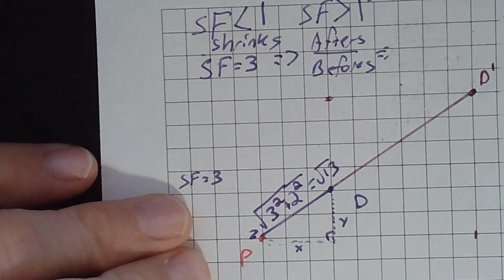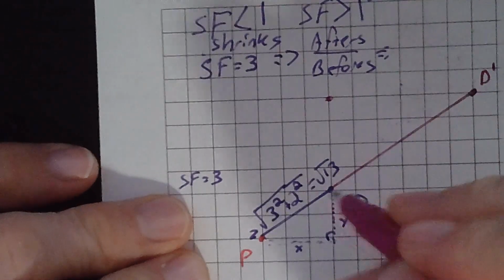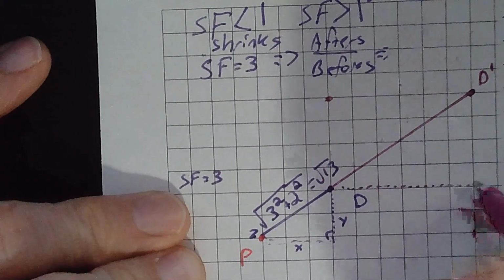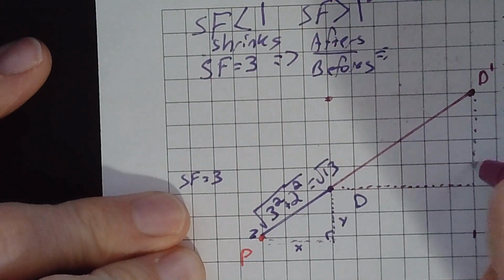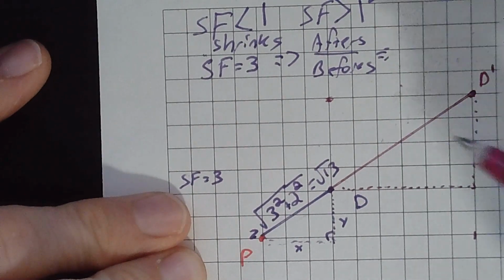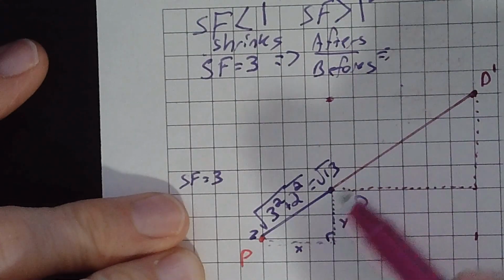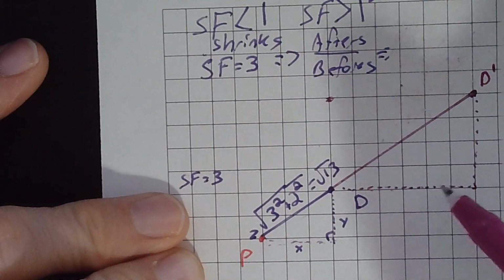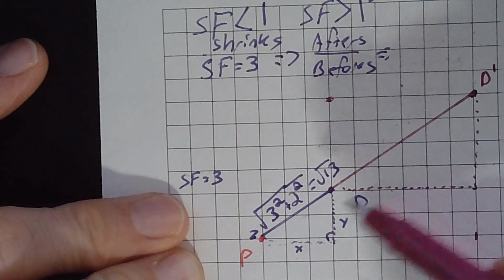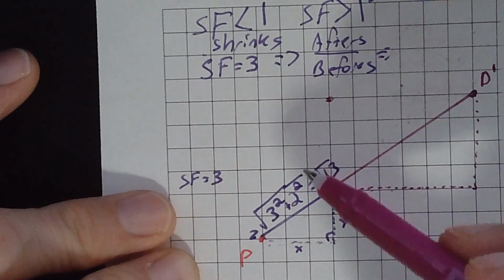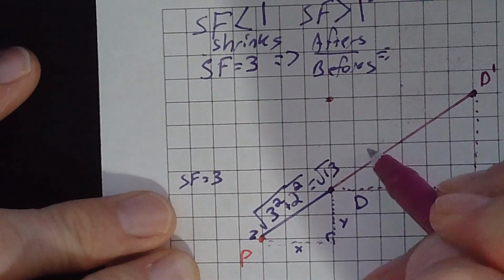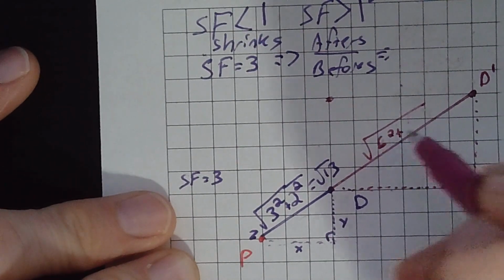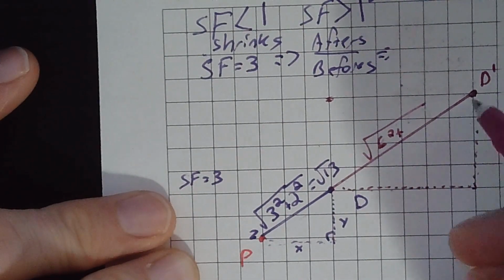Okay, so how long did that extension become? Well, this is 1, 2, 3, 4, 5, 6, and moved over by 6. So this is going to be 6 squared plus 4 squared.